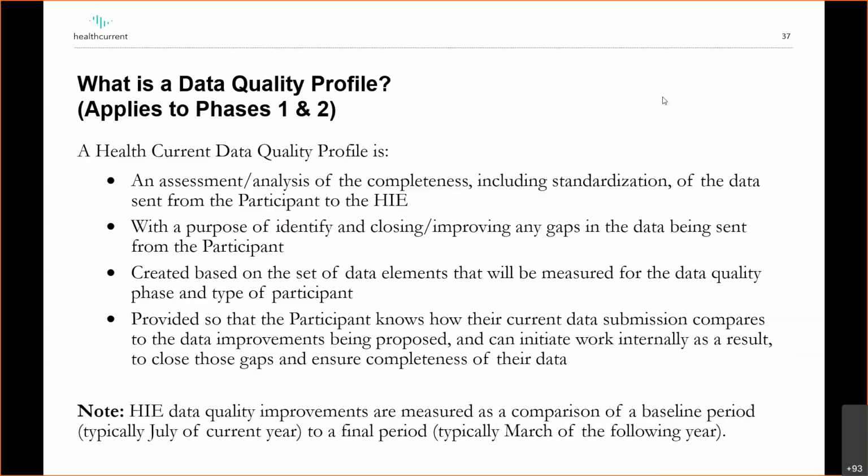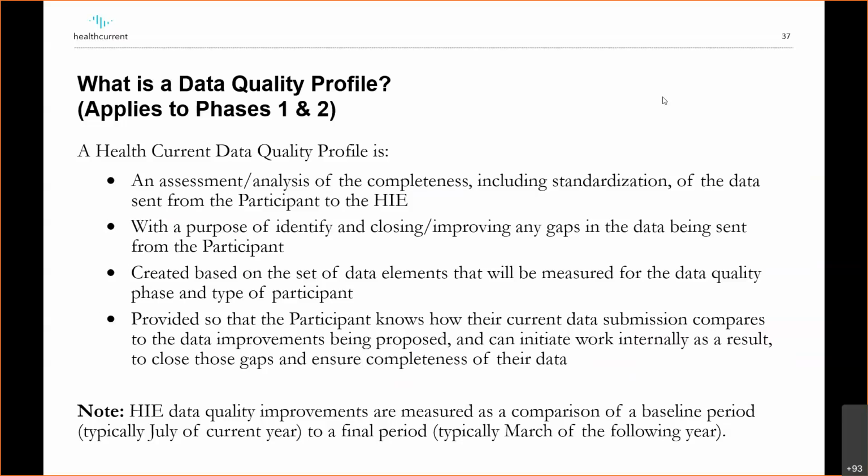So in the construct of the data quality milestones, which are part of the DAP program, there's this construct of a data quality profile. A Health Current data quality profile is an analysis of the completeness and the standardization of the data that is sent from the participant to the HIE.